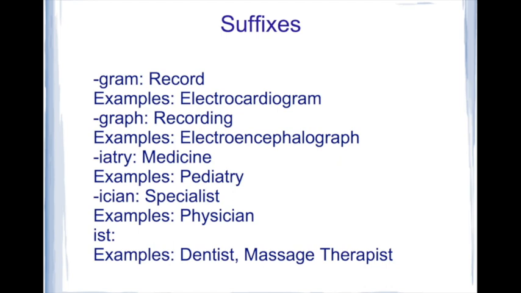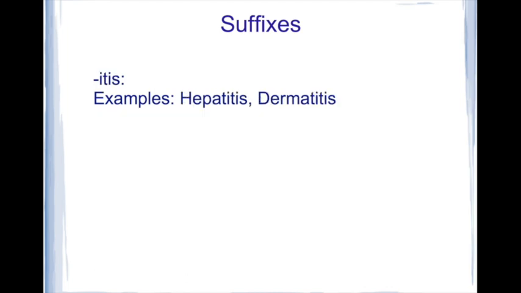So a dentist is somebody that specializes in dento, the teeth. Massage therapists specialize in massage therapy, right? Itis, like hepatitis, dermatitis, we talked a lot about this. Anytime you see itis, there's some sort of inflammation present. Okay, itis means inflammation, and you should know that one.